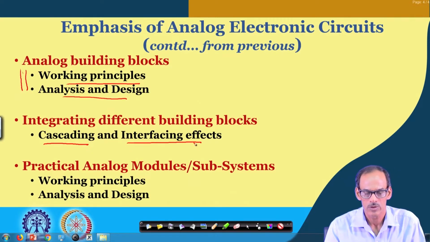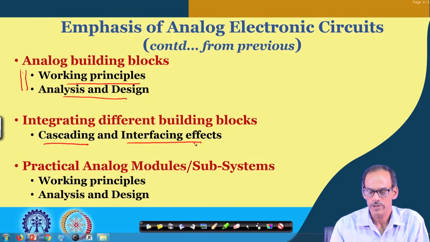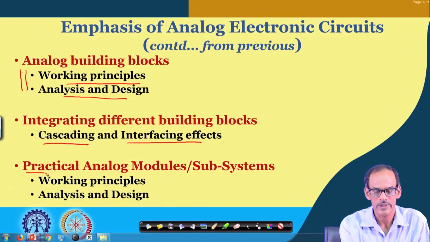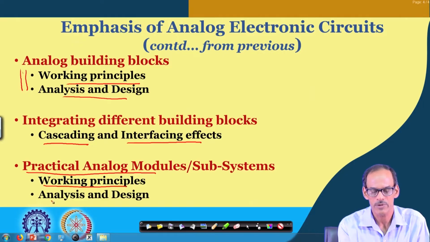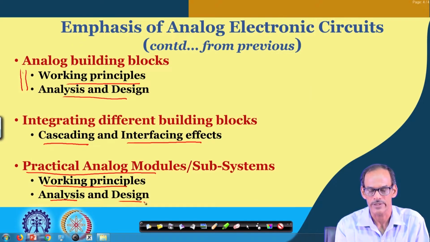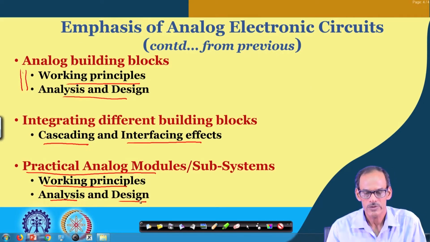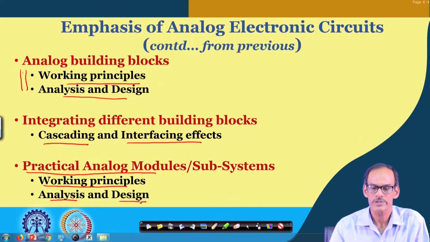That also we will be covering. And then of course, we will be looking into some practical analog circuits and their working principle, analysis and design. So, this is the overall emphasis for this course.